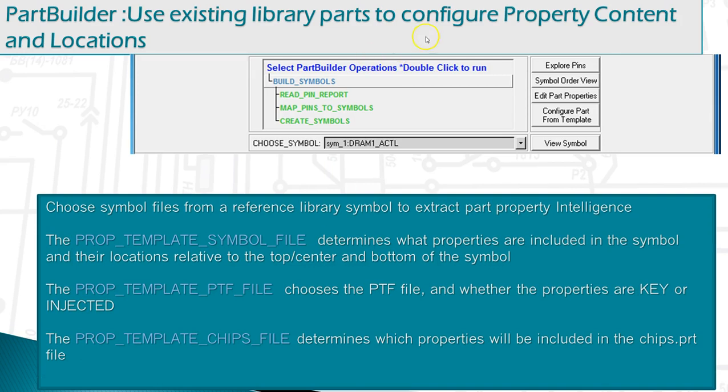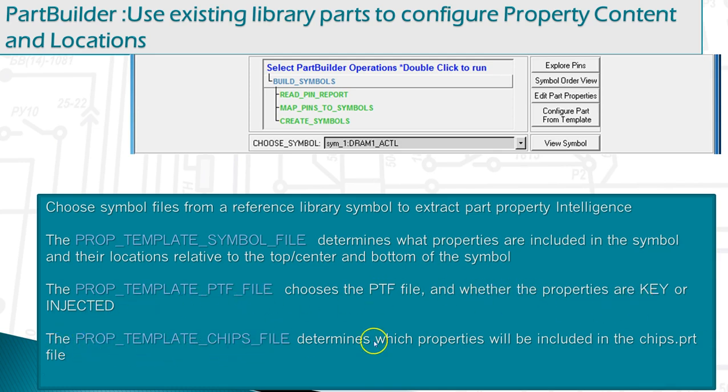So PartBuilder can use existing library parts to configure property content and locations. We could choose symbol files from a reference library symbol to extract part property intelligence. The prop template symbol file determines what properties are included in the symbol and their locations relative to the top, center, and bottom of the symbol. The prop template PTF file chooses the PTF file, this is in Allegro HDL, and whether the properties are keyed or injected.